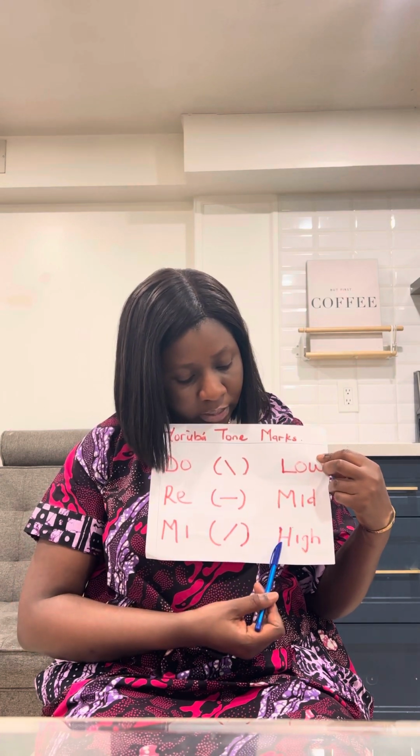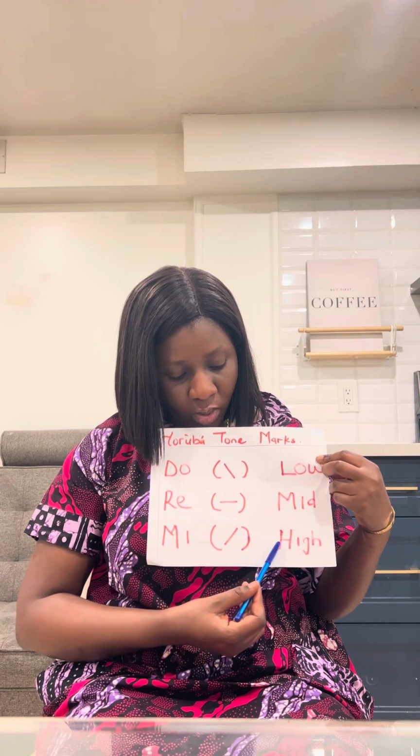The mid tone is referred to as re, and the mark is the middle mark. And the third one is high tone, which is referred to as mi. What we mean by high tone is that whenever you pronounce a word that has the high tone mark on it, the word will sound high.